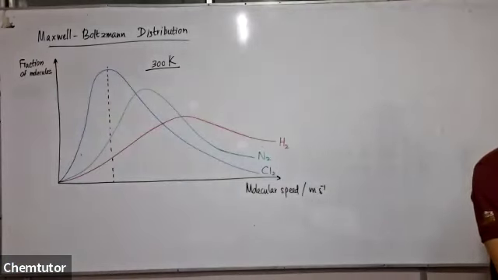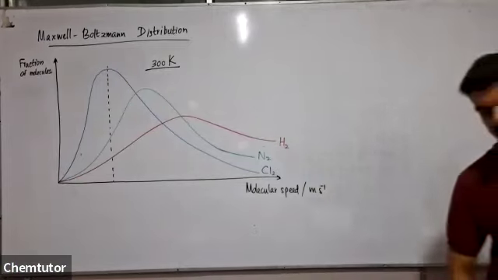So that is a Maxwell-Boltzmann distribution. Next thing that we are learning is compressibility factor. Write the subtopic, compressibility factor.